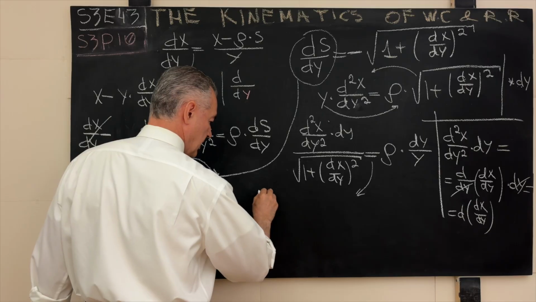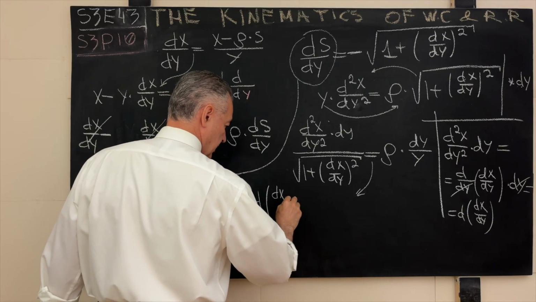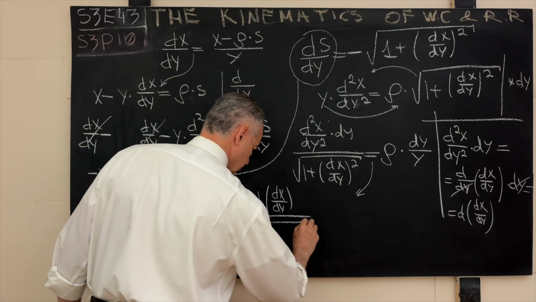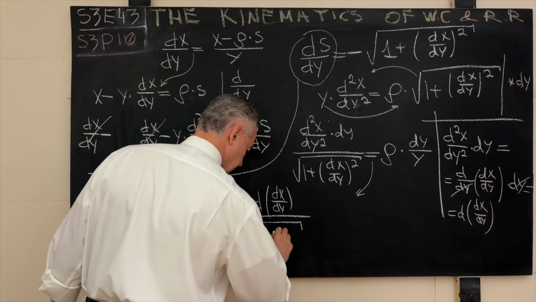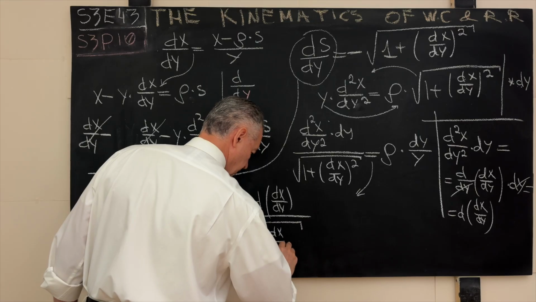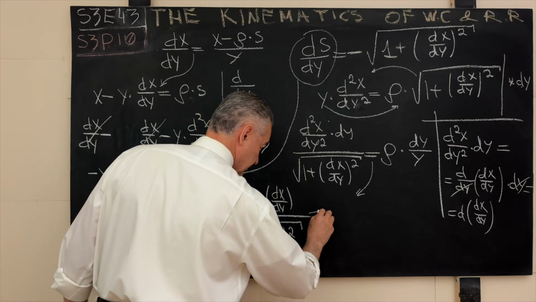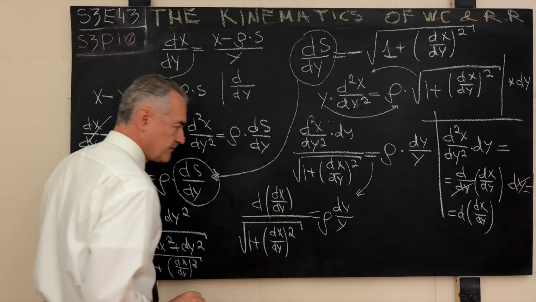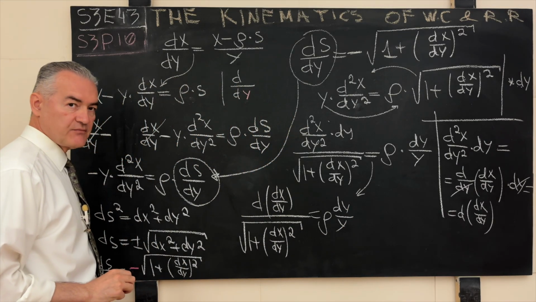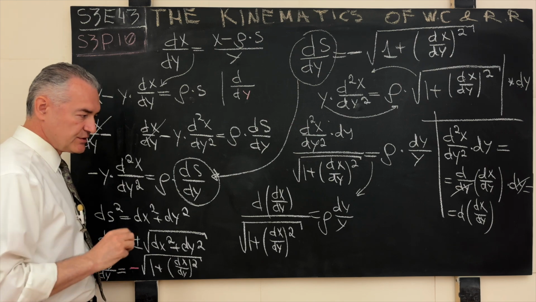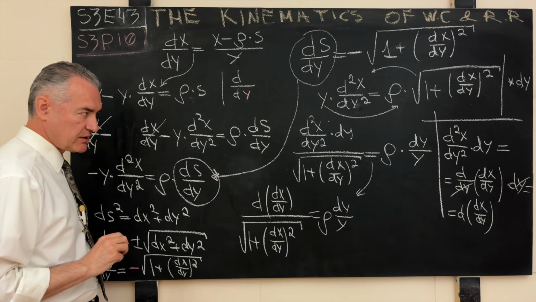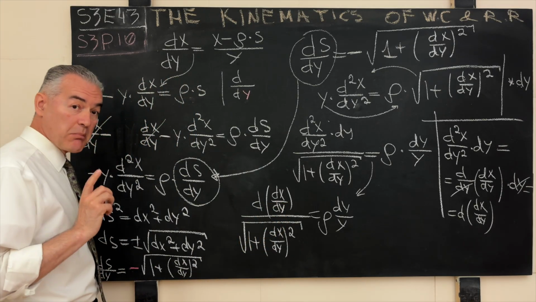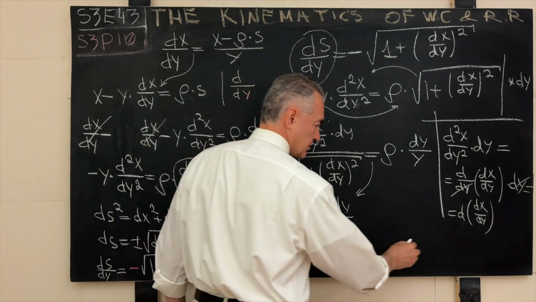Look at this. d of (dx over dy) divided by the square root of 1 plus (dx over dy) squared is equal to rho dy over y. And again, initially some students get confused by this. You should not really get confused by this. This is basic material, but as a symbolic sugar, we introduce the following substitution over here.